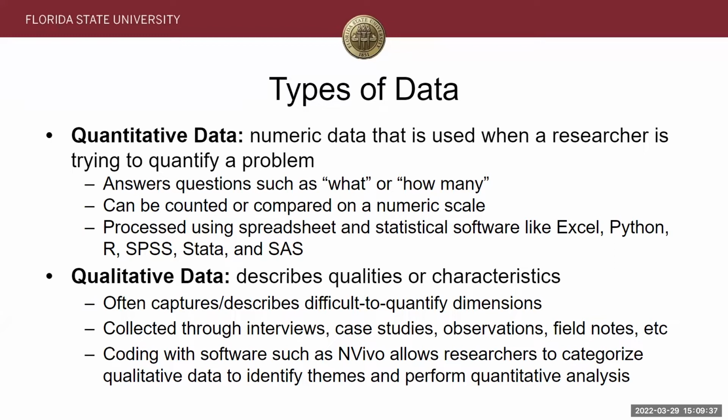This is collected through interviews, case studies, field notes, observations. And you can analyze qualitative data by doing some sort of coding with software such as NVivo to take that qualitative data, identify themes, and even perform some quantitative analysis.